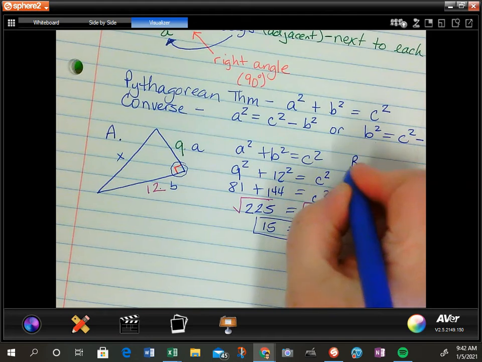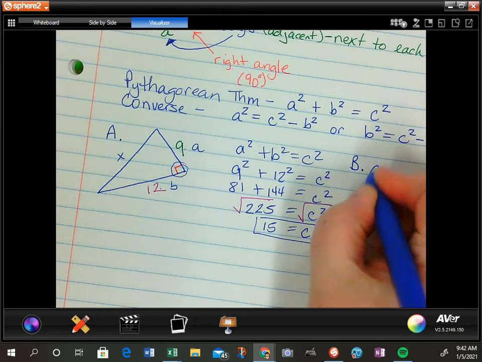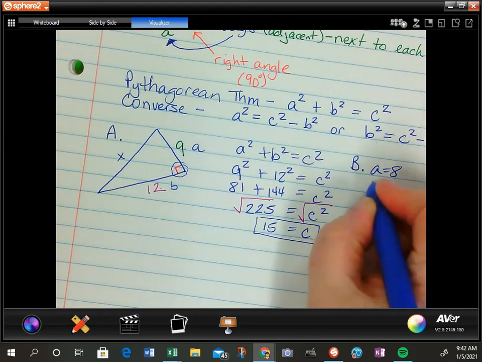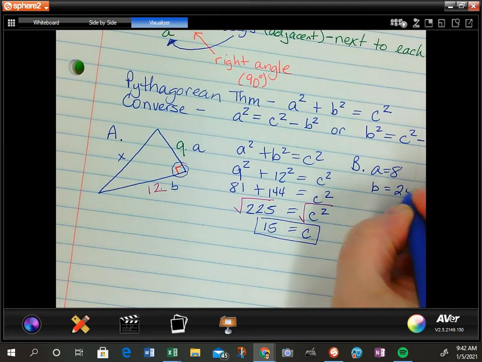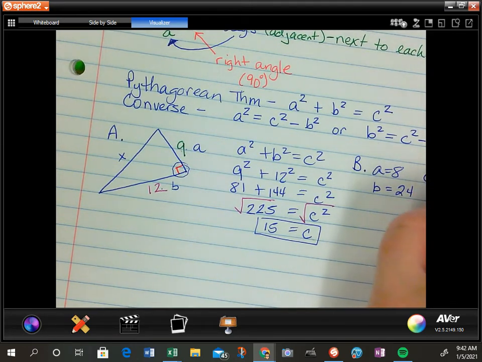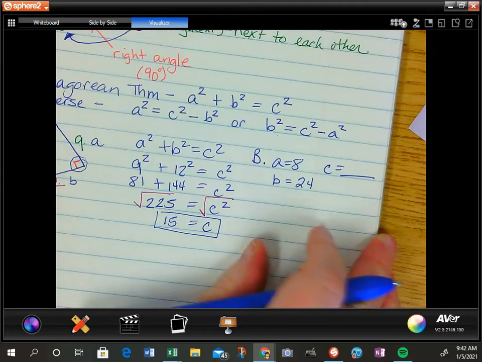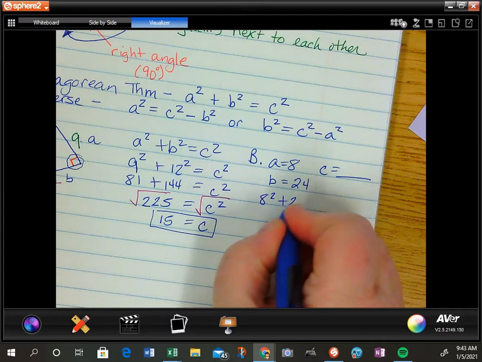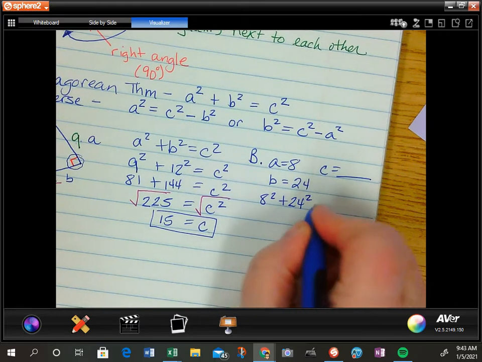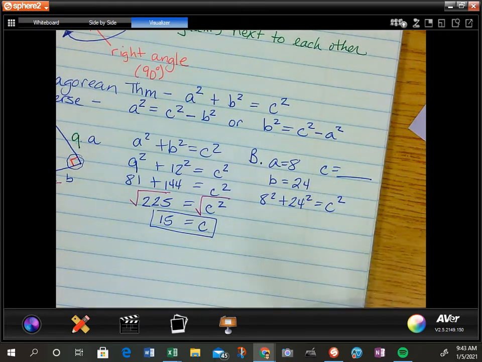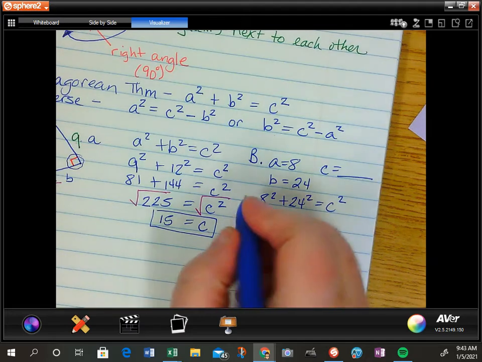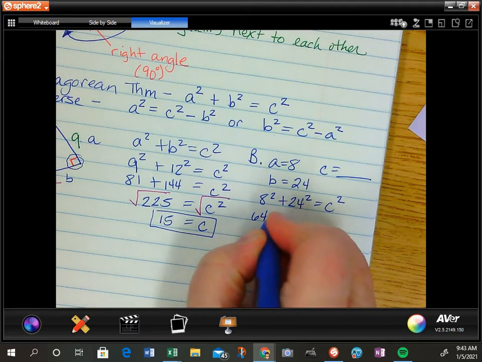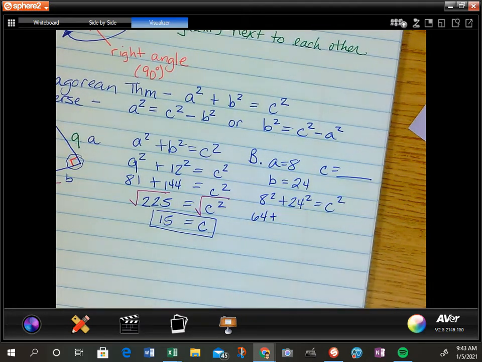Okay, let's do one without a picture. Letter B. A equals 8 and B equals 24. We're looking for C. So 8 squared plus 24 squared equals C squared. I'm going to need my calculator for this. I know that 8 squared is 64, plus I don't know 24 squared.